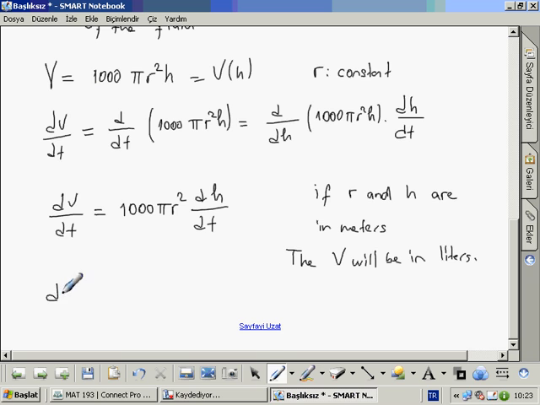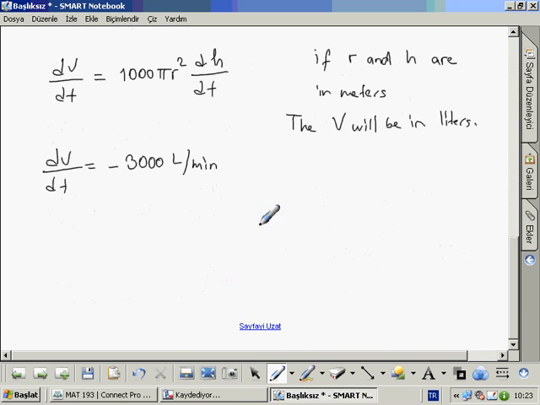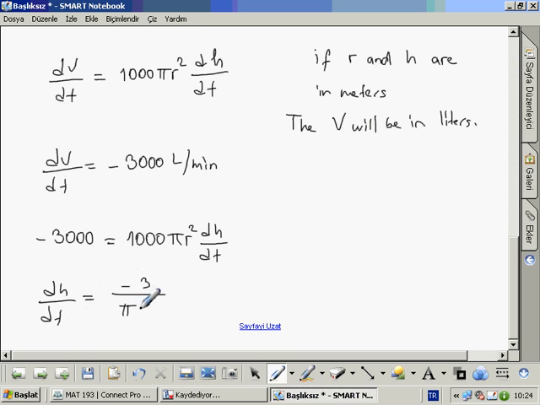And we know that dV over dt equals minus 3000 liters per minute, and the minus 3000 equals 1000 pi r squared dh over dt. So dh over dt equals minus 3 over pi times r squared.